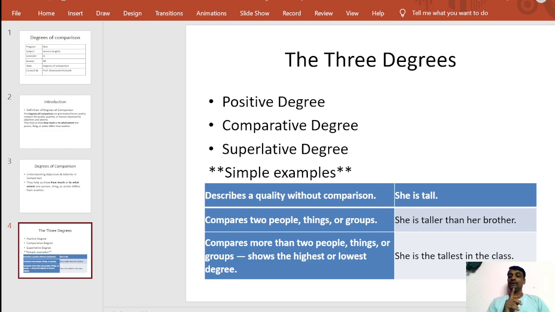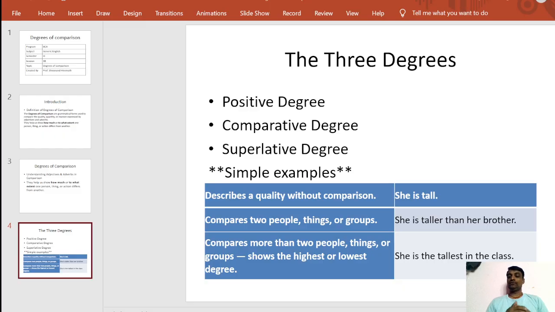Here we can compare one person or one thing with the whole group, with the whole class. So here it is one person, one thing, one quality that may be described as the only one with exceptional quality, the best, right?